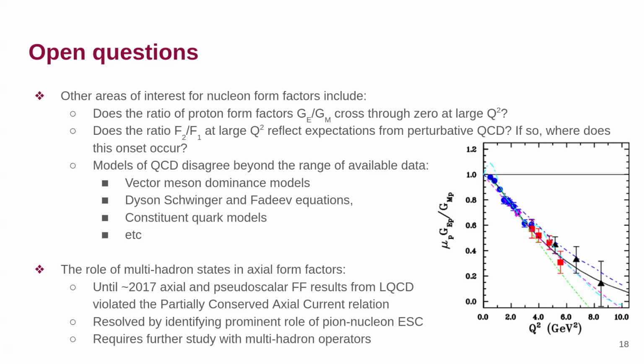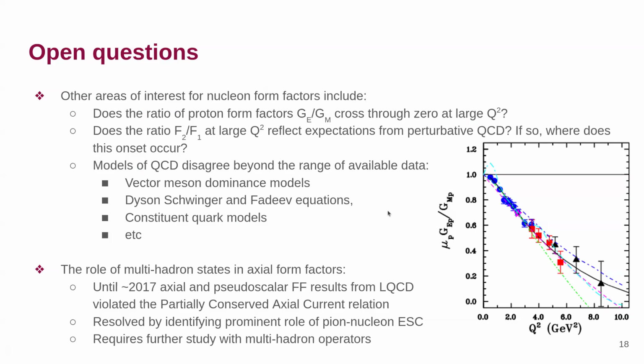And so finally, I just wanted to finish with a couple more points of motivation, to give you things to think about, or things you might be interested in looking into when it comes to the form factors. There are some open questions around things like the large q squared behavior of the form factors. For example, the ratio of the Sachs form factors GE and GM for the proton.